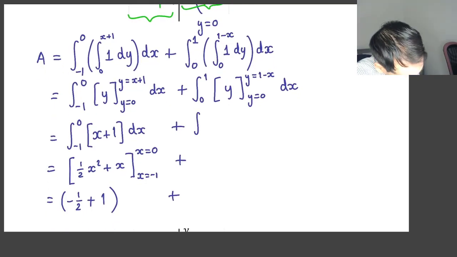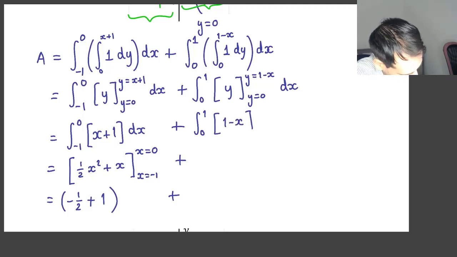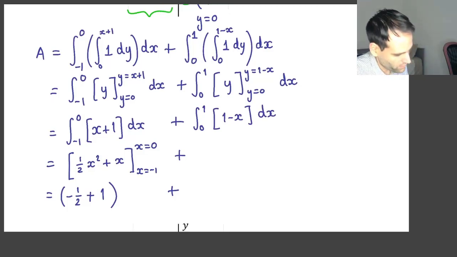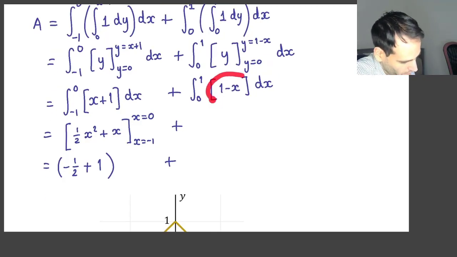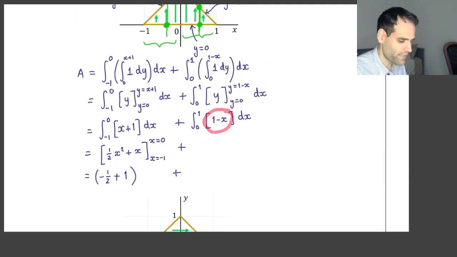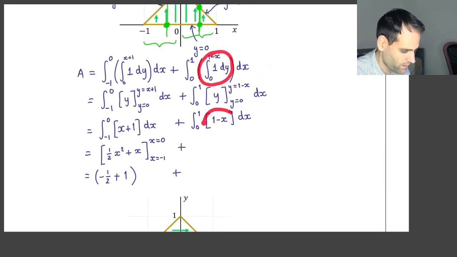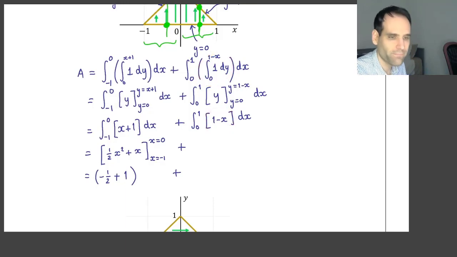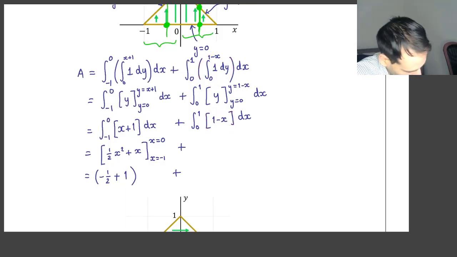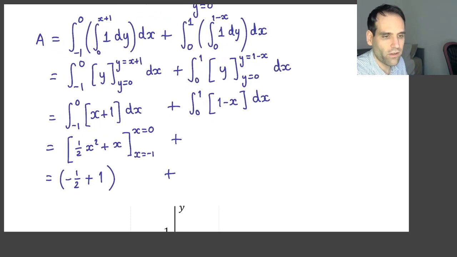So now we substitute the two limits. So we get 1 minus x minus 0 dx. So now we are left with a function of x. Okay, so far that is exactly what I promised, that when you do the inner integral along y, the result is a function of x. Yes? So as promised, we are getting a function of x that we can now integrate along x.